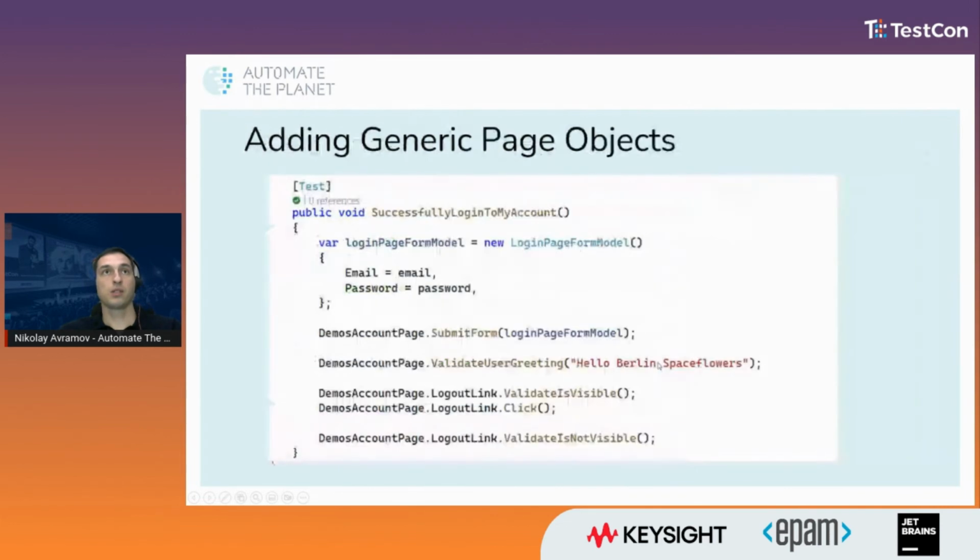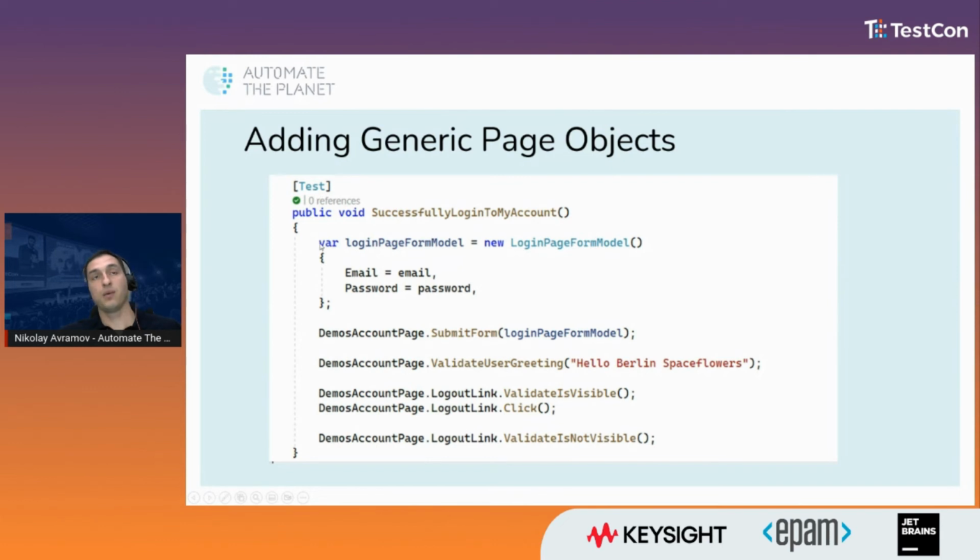All right, so let's see how our test is looking after we add this generic page objects approach. Instead of having the page objects and calling its properties, all we need to do is to initiate this login page form model, which is the actual model for the page. It has a couple of properties where we want to set the email and password.